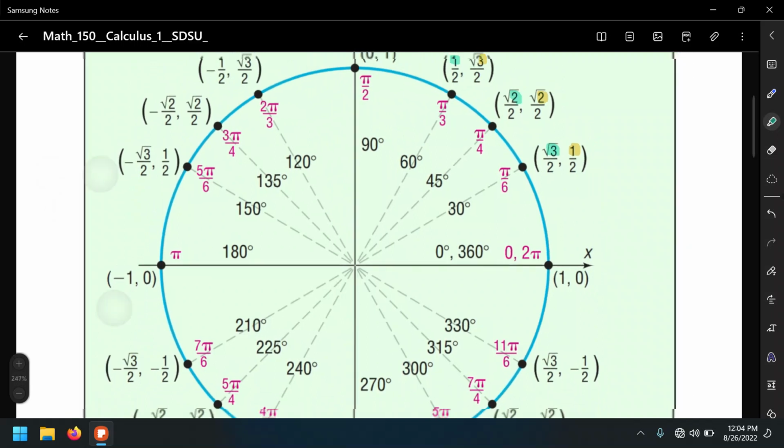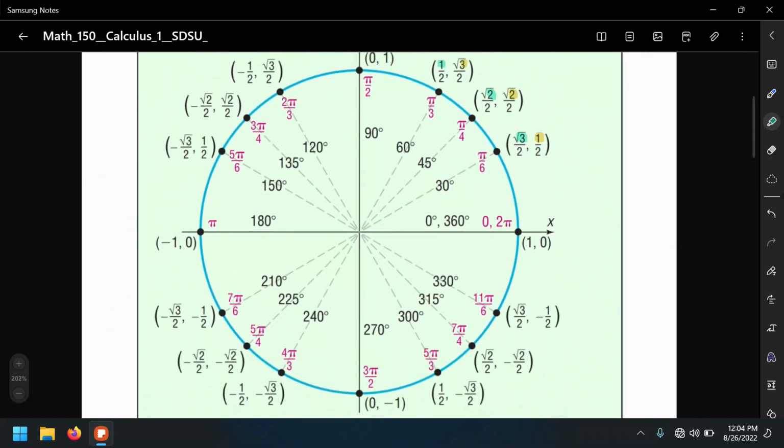What about, for example, the fourth quadrant? This point right here is the same as that point right there, but the one that changes is the sign of the y coordinate to negative, and the same is true for the other points. So that's a good pattern to memorize the unit circle in case you haven't memorized it.